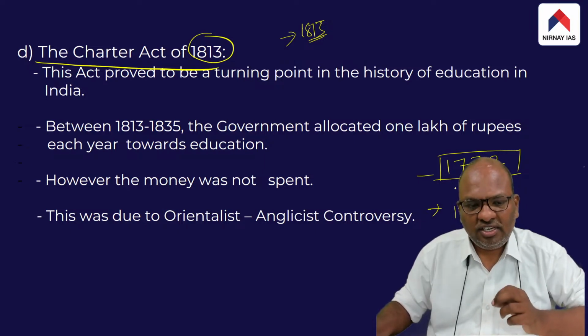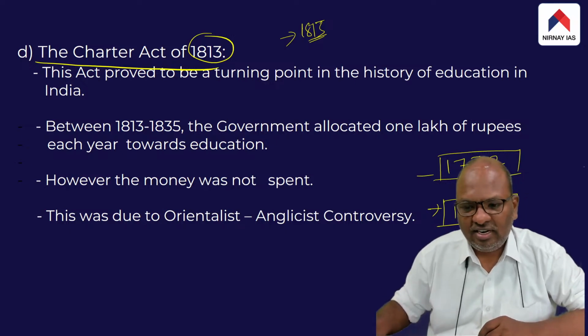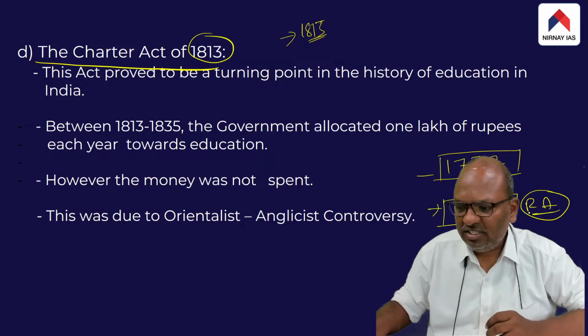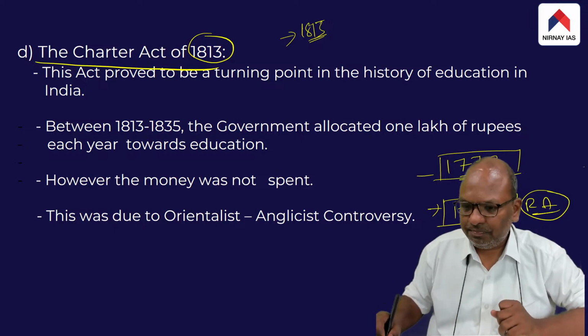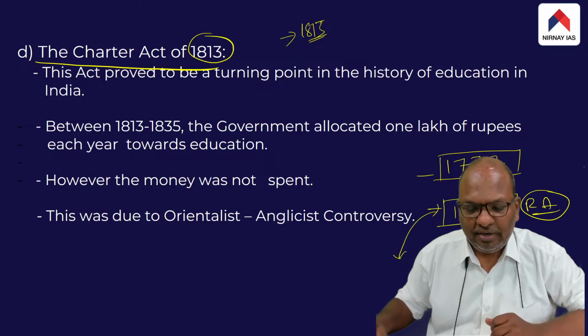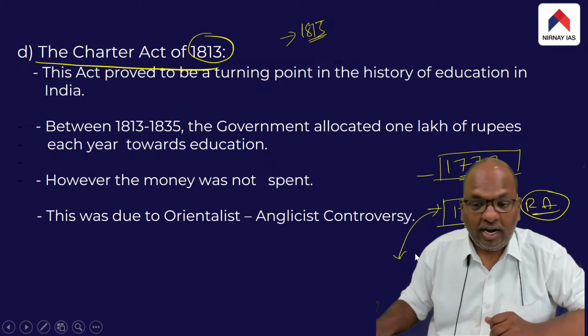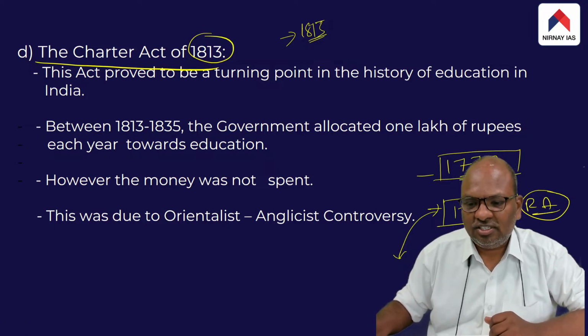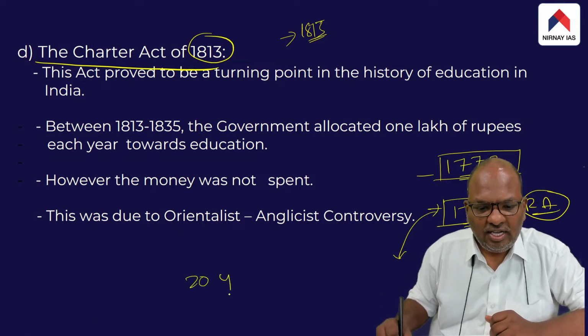One such legislation was the 1773 Regulating Act. The name itself suggests that this act was passed with the objective of regulating the activities of the East India Company. That's my point. The British Parliament thereafter started passing similar legislations for every 20-year period.